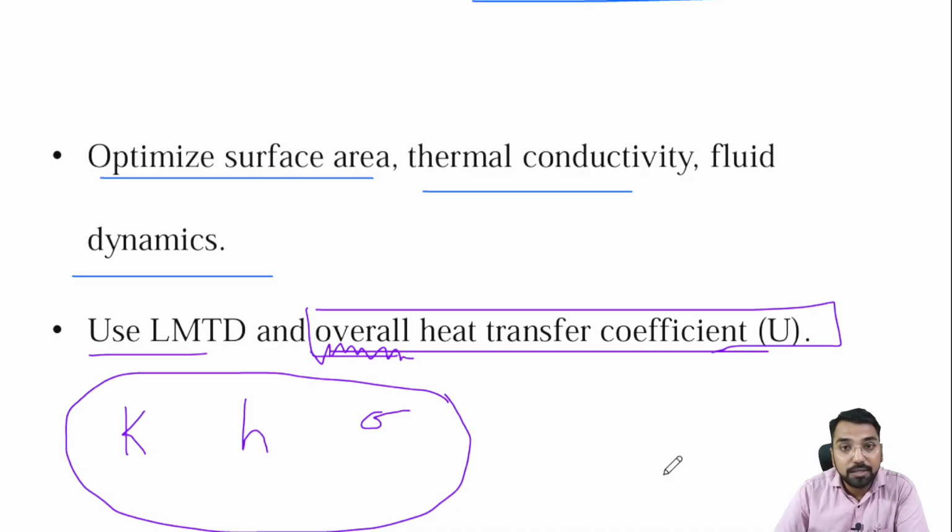In earlier lectures we calculated the resistance in conduction, convection and radiation, but in actual practice, as I have said, all three modes act simultaneously on that object or application.